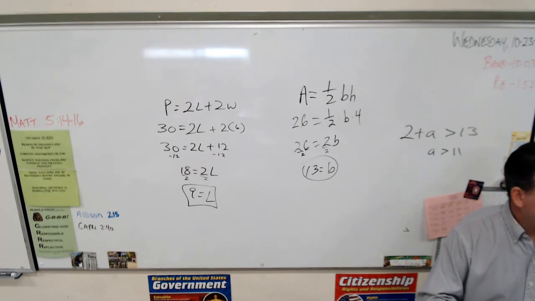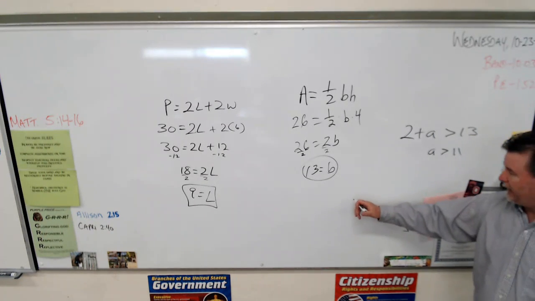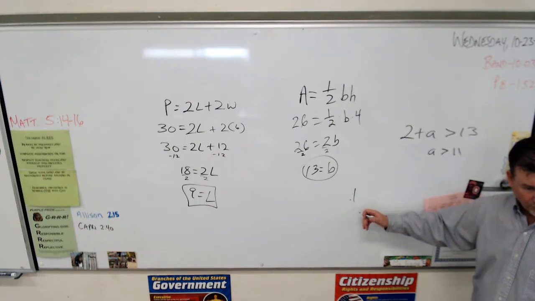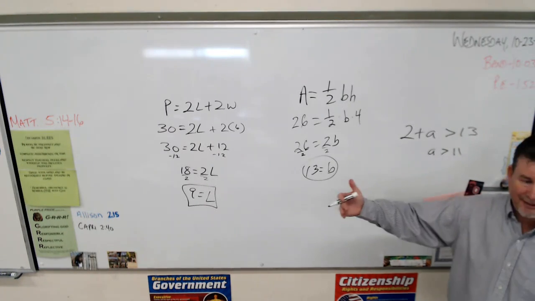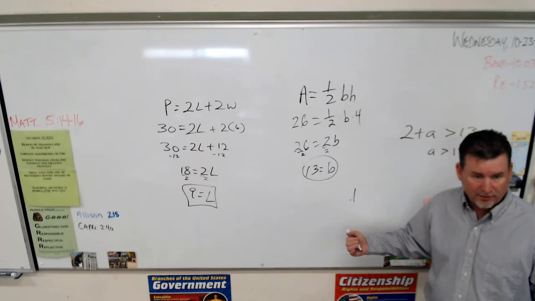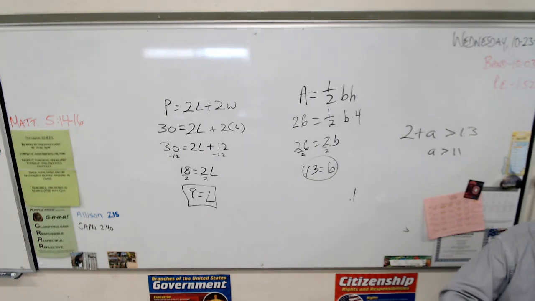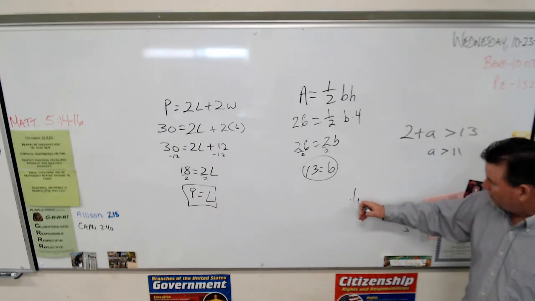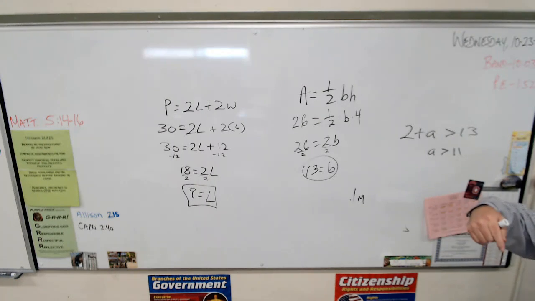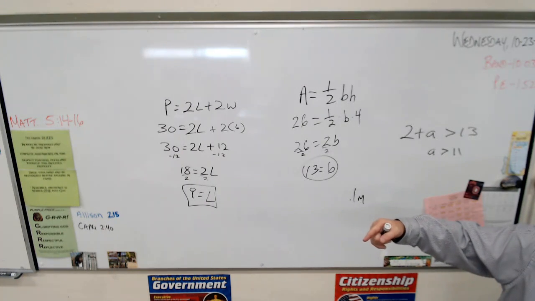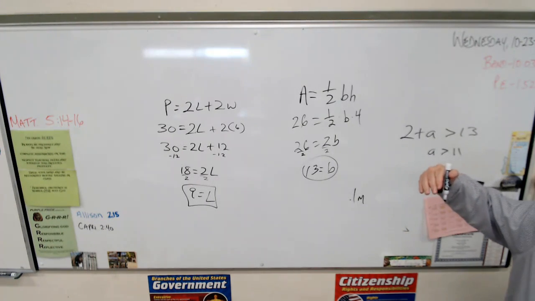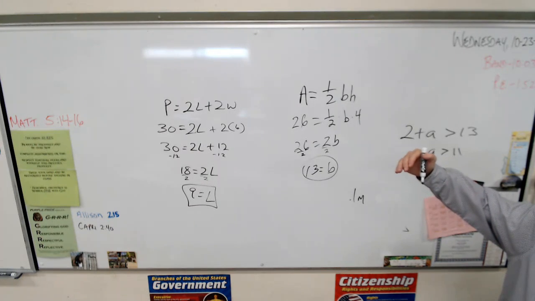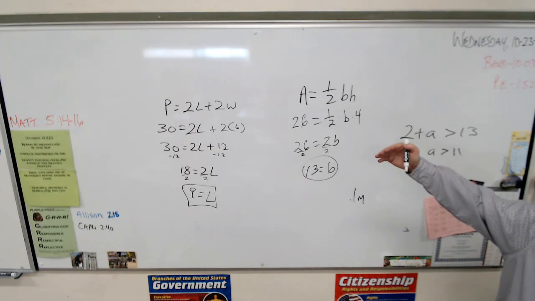What would be a way I could write 10 cents? 10 times... point 10 or just point 1. Isn't point 10 the same as point 1? So it's going to cost me 10 cents per minute, and I only have $9.50 on my card.